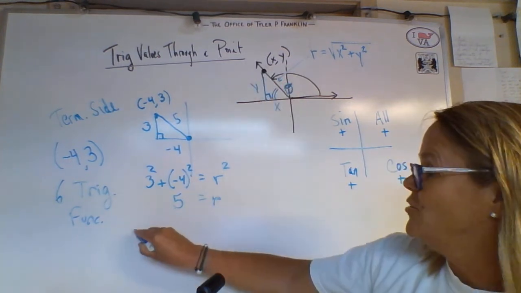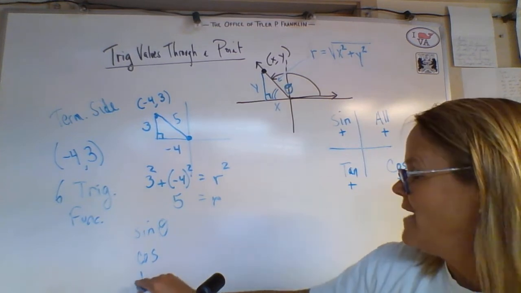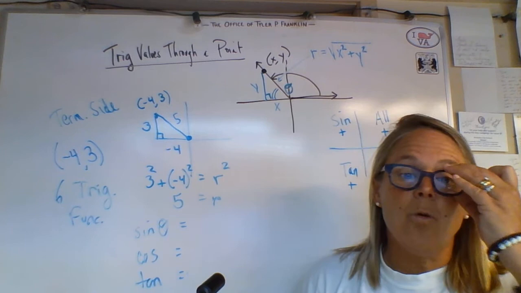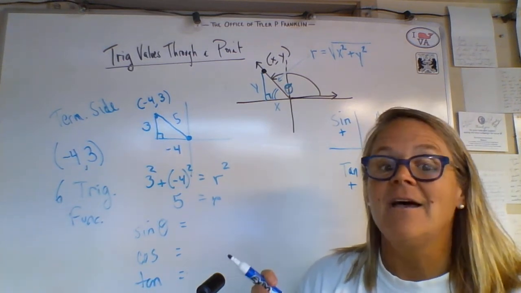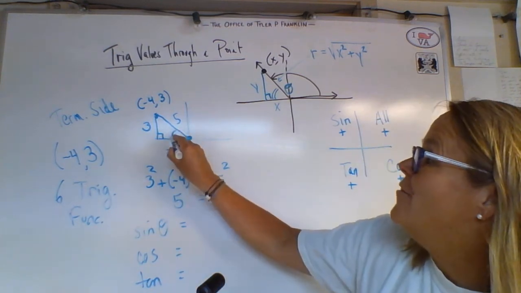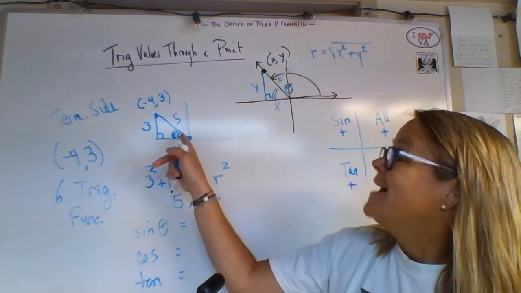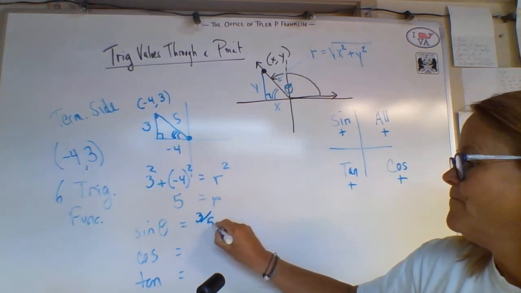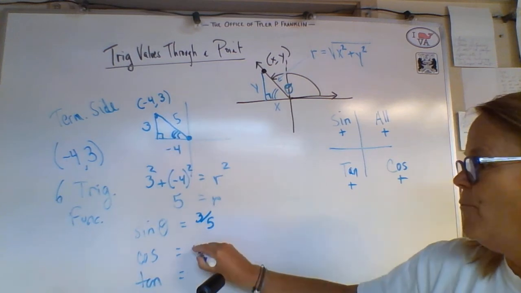Now, I asked you to find the six trig functions: sine, cosine, tangent. Make sure you always use the reference angle as the angle you're doing SOHCAHTOA with. That's the angle by the origin. Sine, opposite over hypotenuse. Cosine, adjacent over hypotenuse.